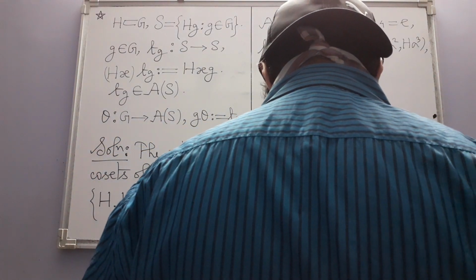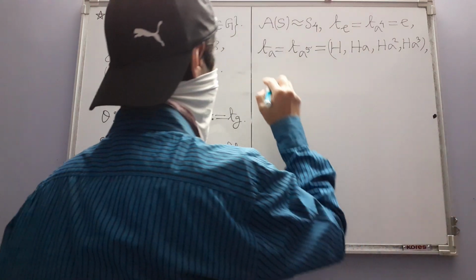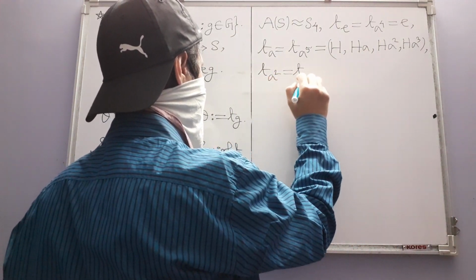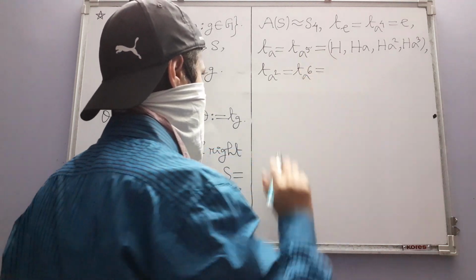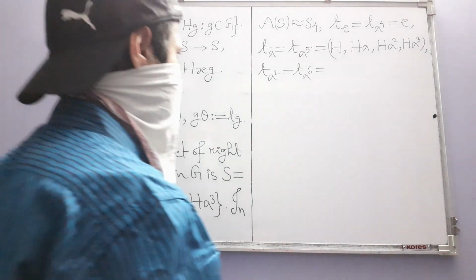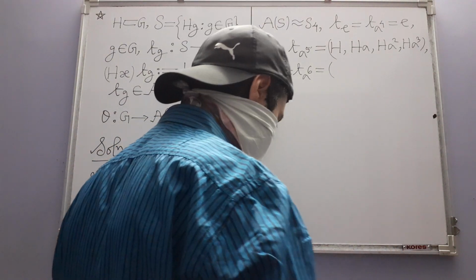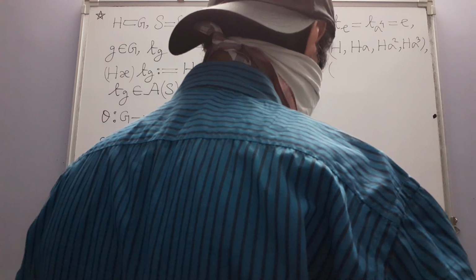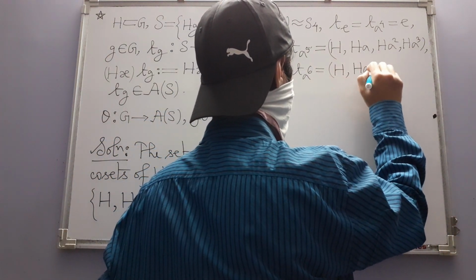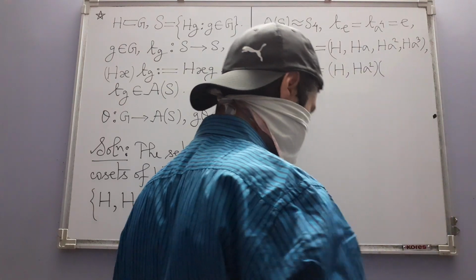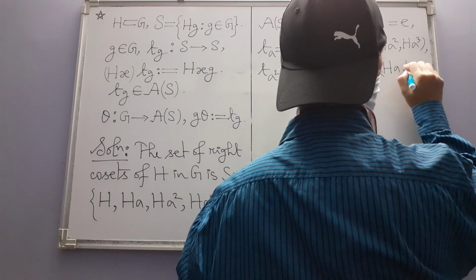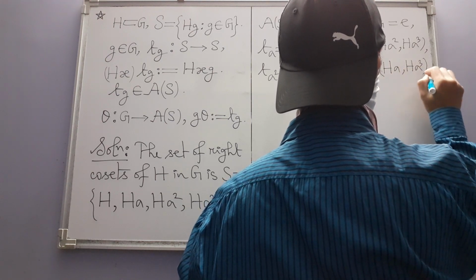Next, we have Ta square, which turns out to be the same as Ta to the power 6, and it is this product of these two cycles, times Ha, Ha cube.